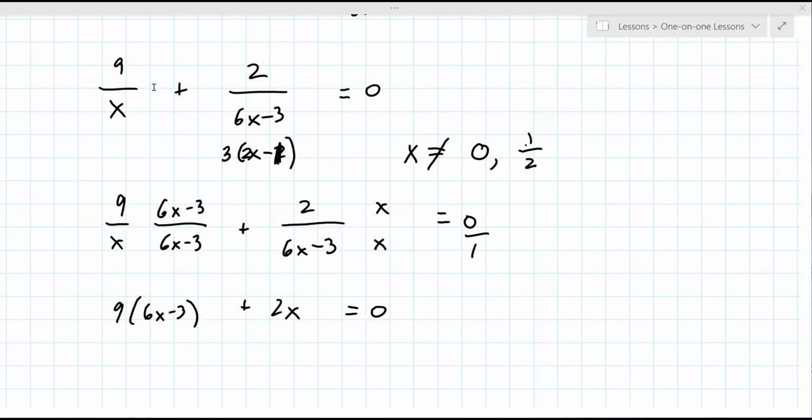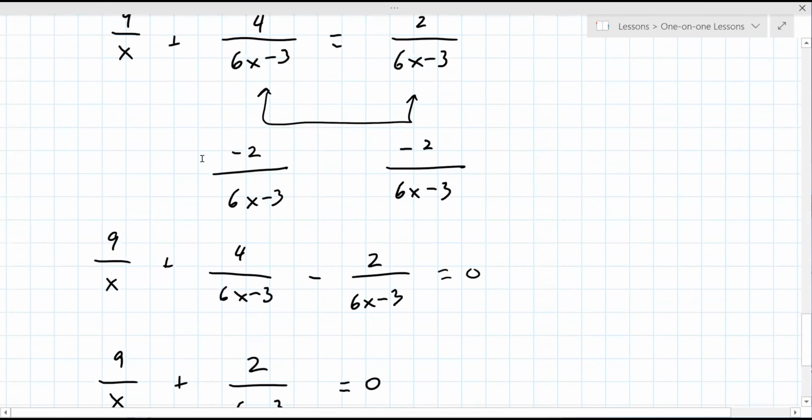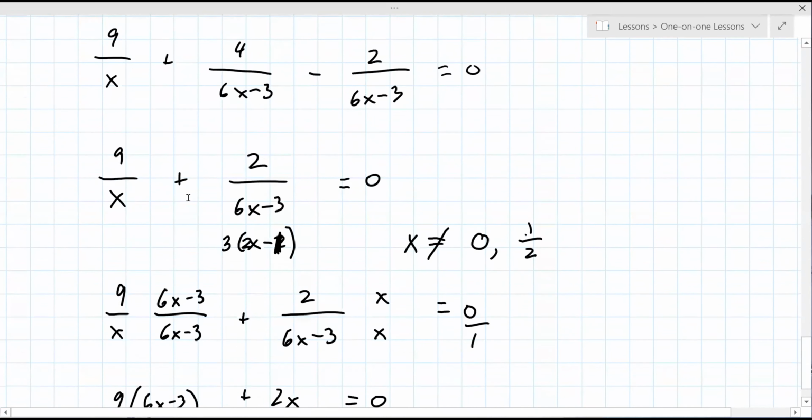X equals 27 over 56. 54. This is 54x. Oh, 54. Never mind. That's 1/2. No. 27 over 54.